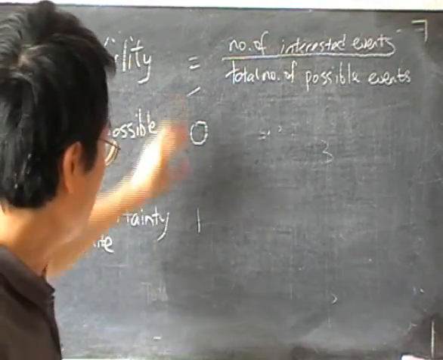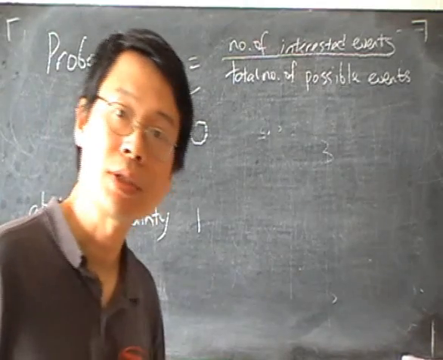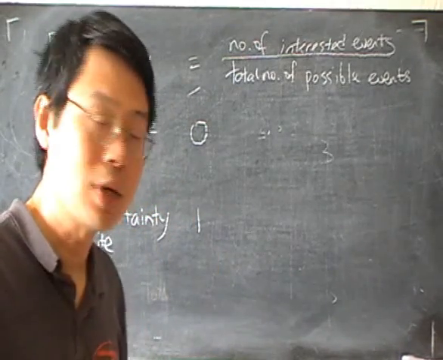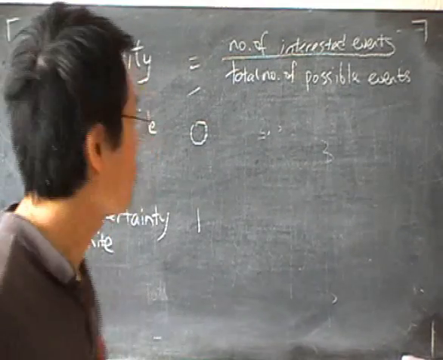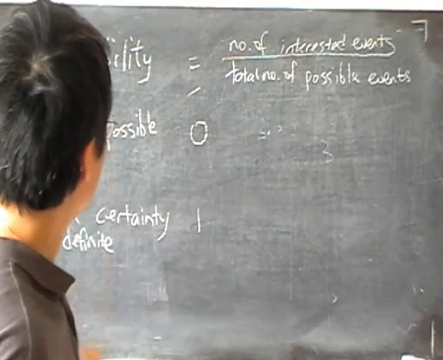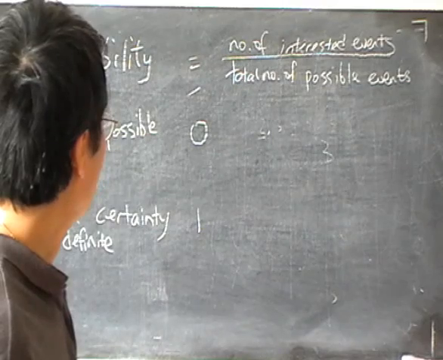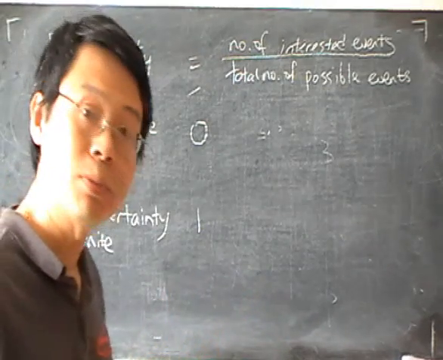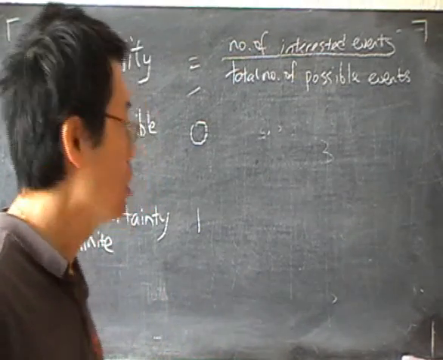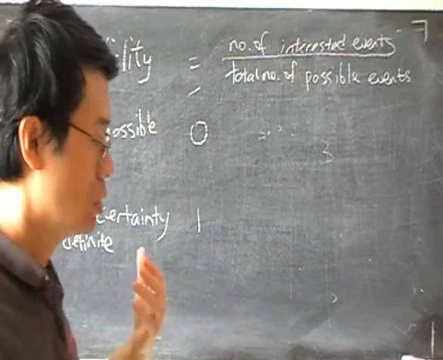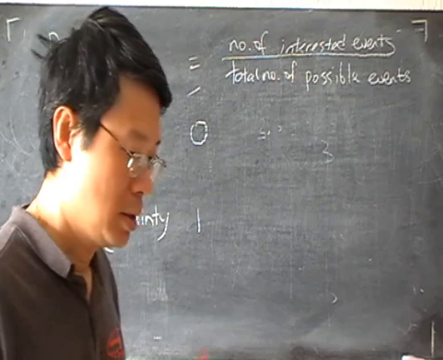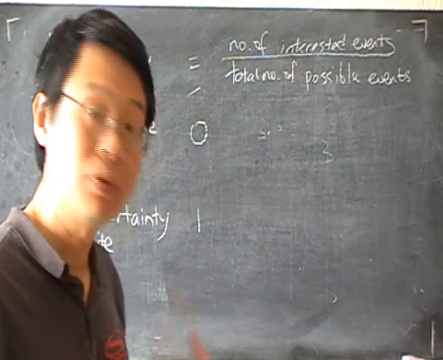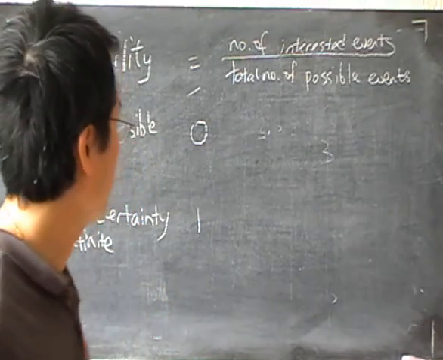So the 0 and the 1 give us the lowest and the highest value you can have in probability. And all the other numbers are in between, right? Like when you toss a die, the probability of getting an even number is half.